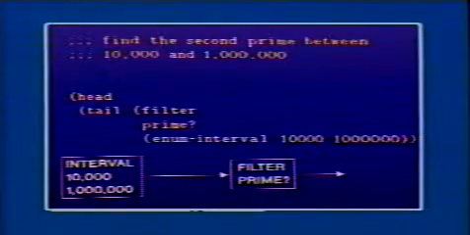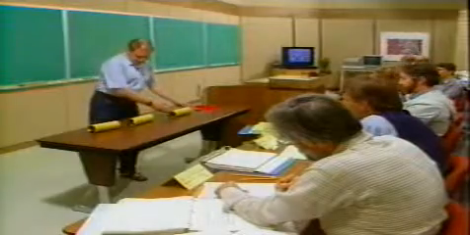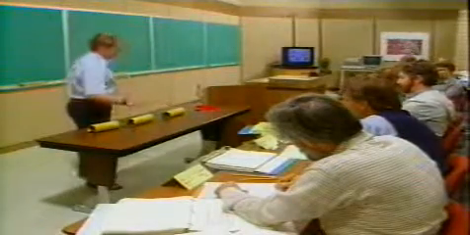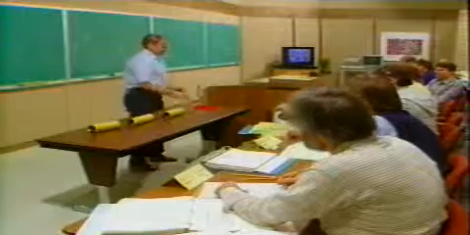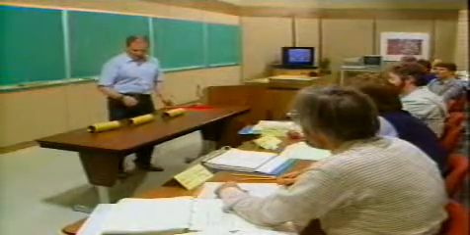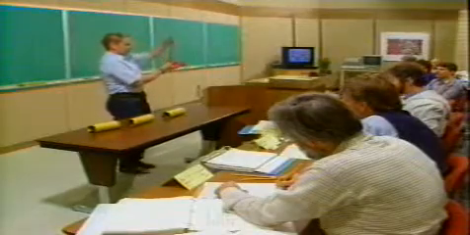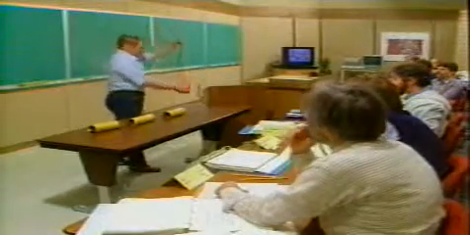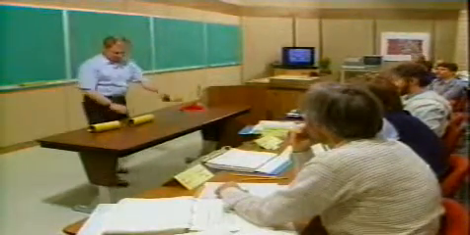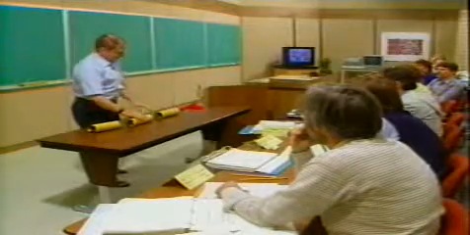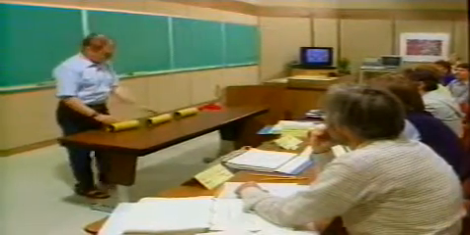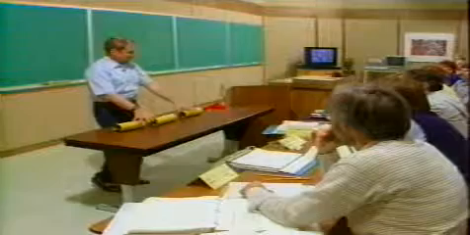Here, let me try that again. This is a little device, a little stream machine invented by Eric Grimson, who's been teaching this course at MIT. The image is here's a stream of stuff, like a whole bunch of the integers, and here's some processing elements, say a filter or a map or something.